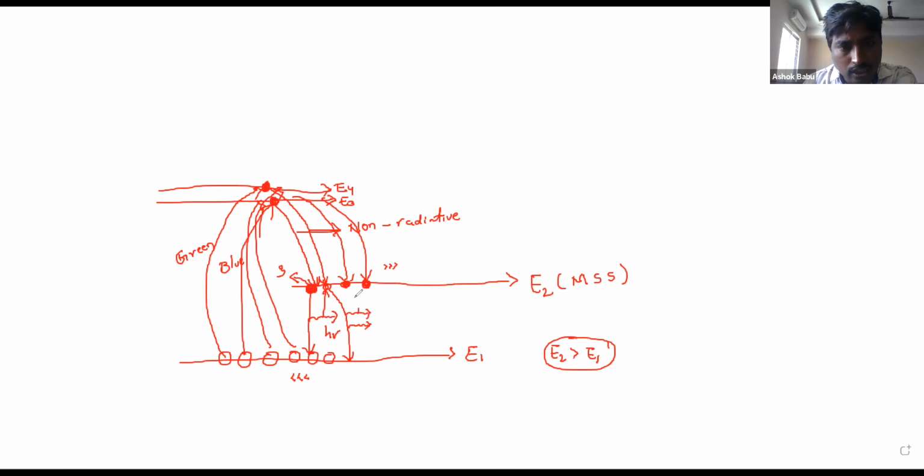These 2 photons may be supplied to 2 more particles in the metastable state.